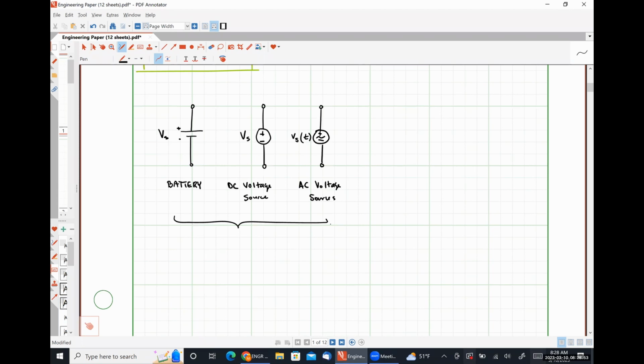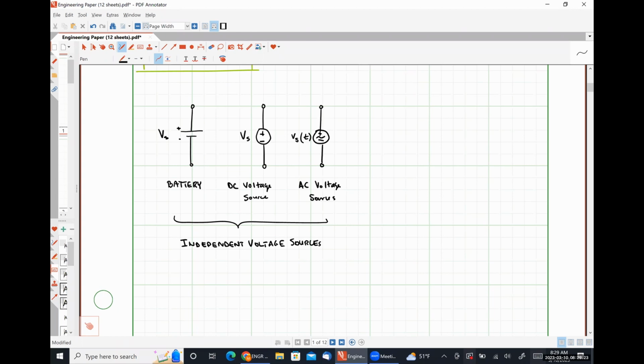These three voltage sources are what are known as independent voltage sources. They are independent voltage sources because they supply a fixed amount of voltage regardless of what they are connected to, right?